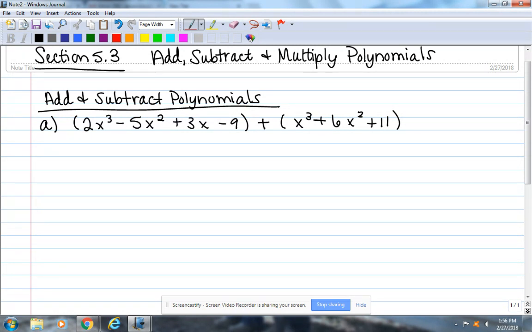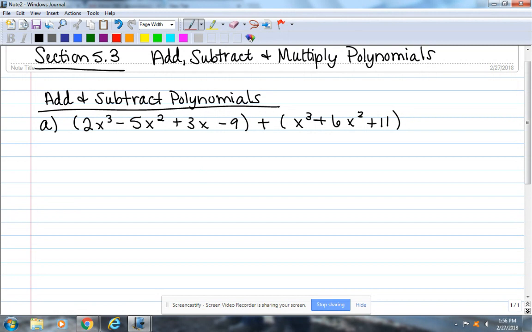So just because they have an x doesn't mean they're like terms. They have to have the same exponent with the x. Not if they don't have the same variable. Same variable, same exponent. Okay? Same thing with numbers that do not have variables. Those are called constants. Constants are only like terms with other constants. Okay?